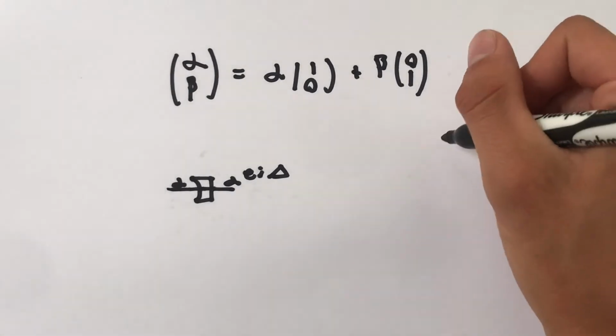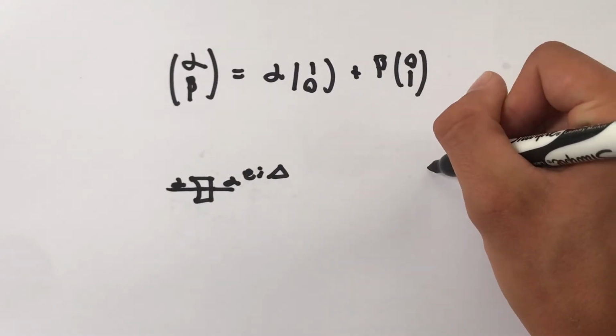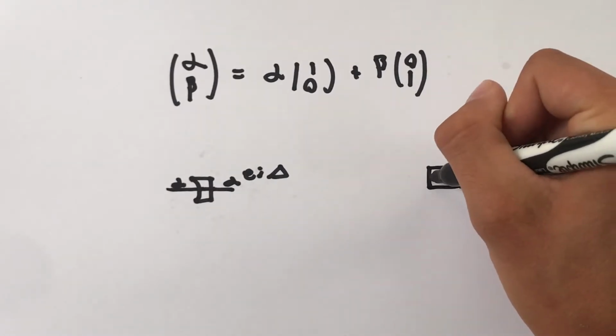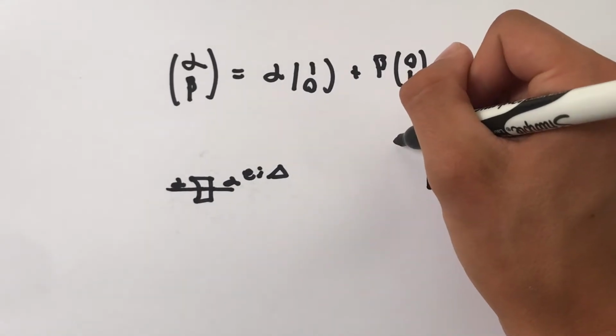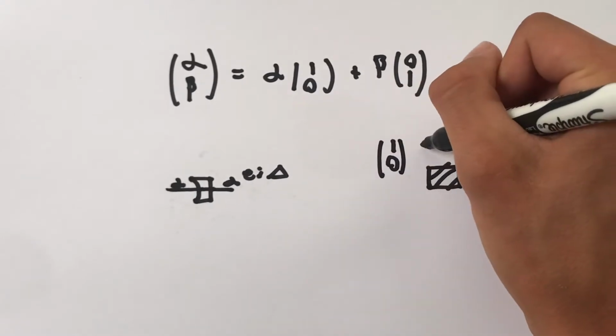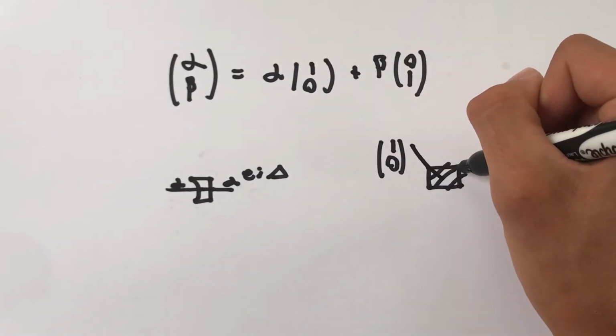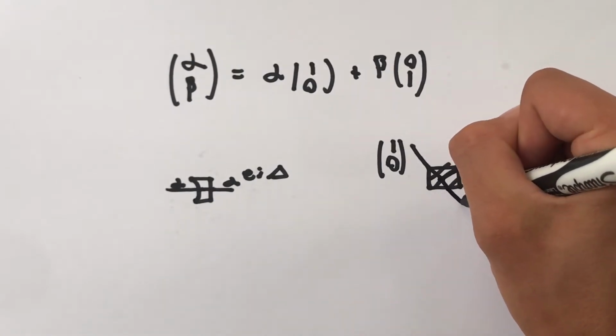So if we go into more depth about this, here we have another phase shifter. And I shine the upper beam light, 1, 0, on here. Some of the light will get reflected and some will transmit.